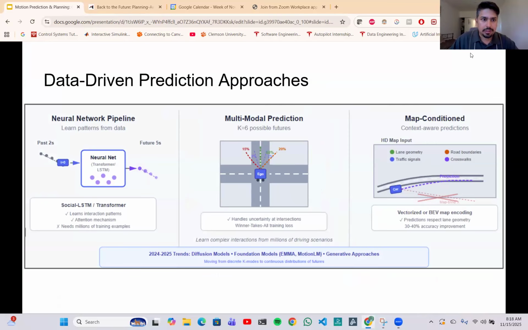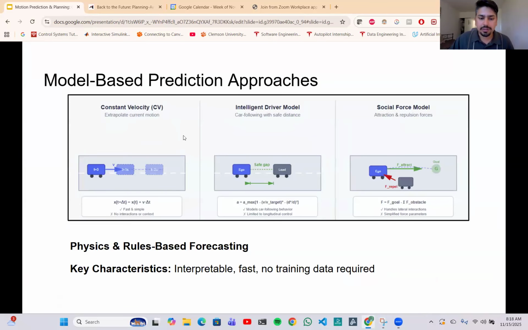Okay. So some of the approaches for these predictions is a model-based prediction approach, which is essentially the most mathematical way of understanding how motion works. You have physics models like constant velocity, constant acceleration, and then you might have some rule-based models, such as when you have some agents you want to follow. In this case, the intelligent driver model is something which is used by the industry, where you have agents moving on the road, and we assume that they will follow the rules of the road.